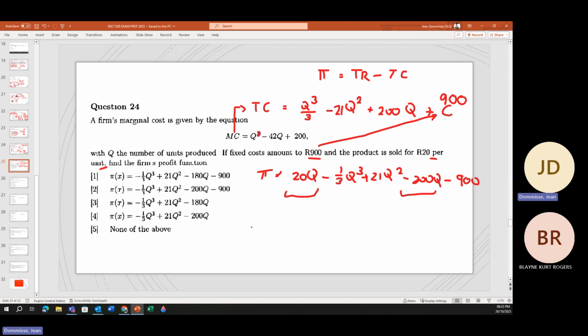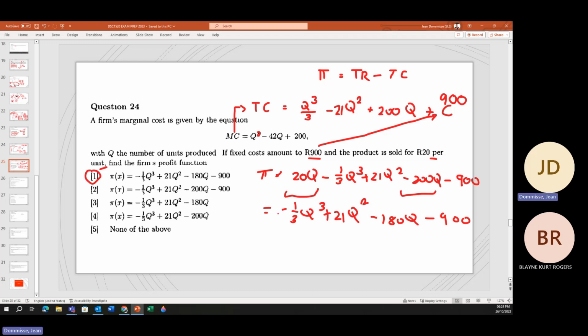If we put those two together, it will be minus a third Q to the power of 3 plus 21Q to the power of 2 minus 180Q minus 900. And that will be option 1.